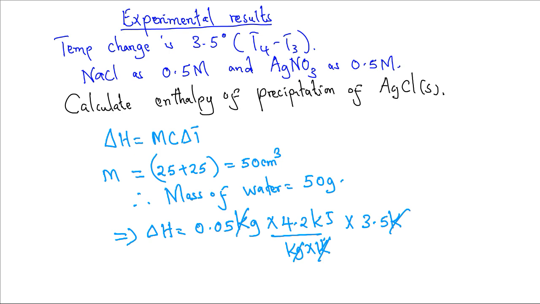If you multiply that, we obtain the delta H, that is 0.05 times 4.2 times 3.5, and that is 0.735 kilojoule.